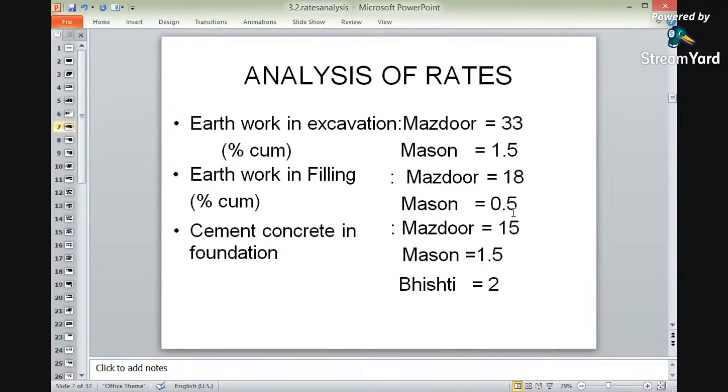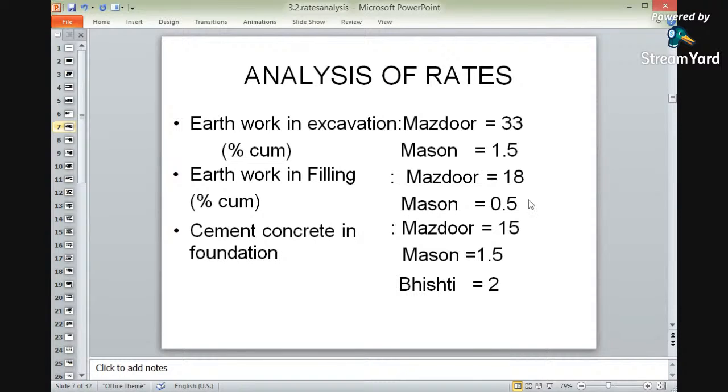The next is nothing but we will find out the earthwork in excavation, the quantities. Here, as per different textbooks or calculations, they have decided how many laborers or mazdoors are required for earthwork in excavation per cubic meters. It requires near about 33 mazdoors, whereas 1.5 is just the divisions.